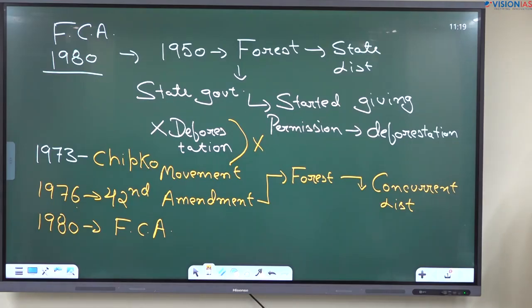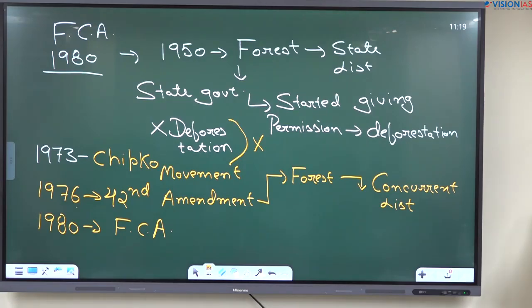So that is why India's forest was saved. The forest that you see right now, why is it there? It is there because of this act. If this act was not passed, would the forest that you see around you have gone? So this act saved India's forest.